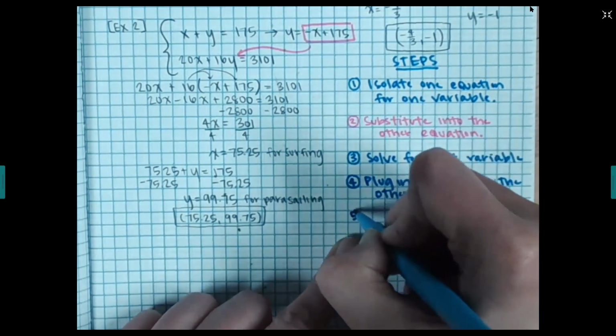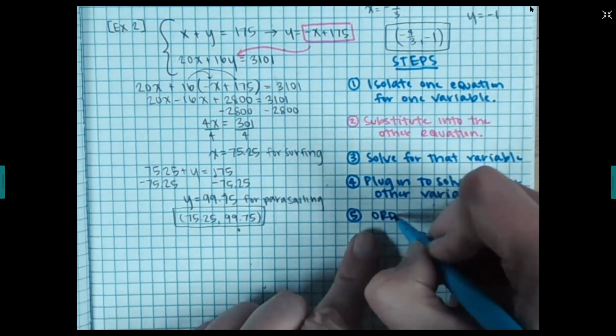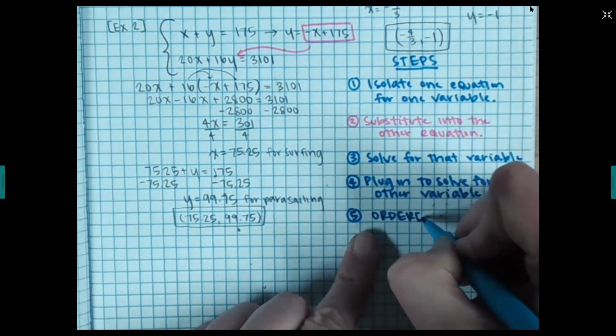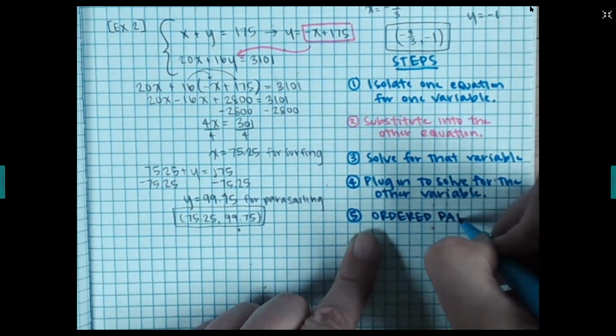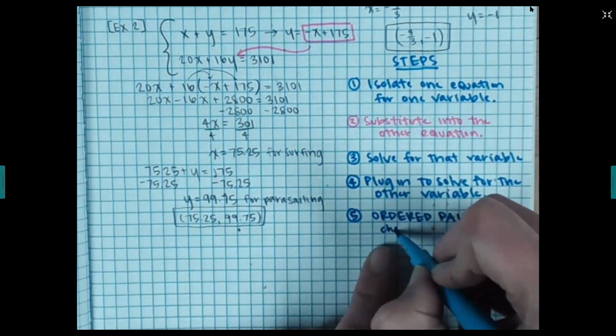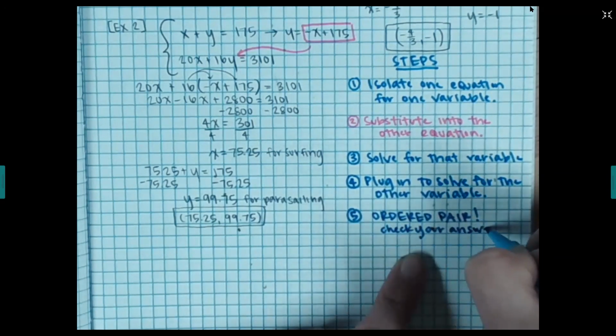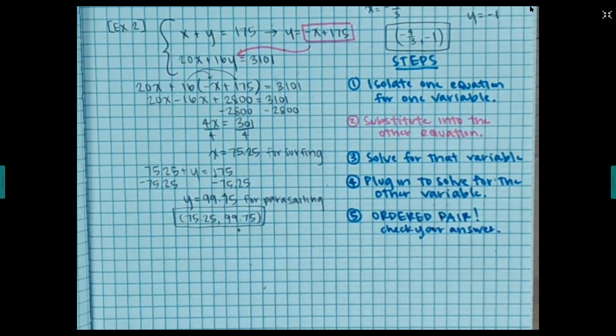And then you're going to write your answer as an ordered pair. And you want to make sure when you get that ordered pair, you check your answer. You can always do this by plugging your ordered pair into both of your equations to double check.